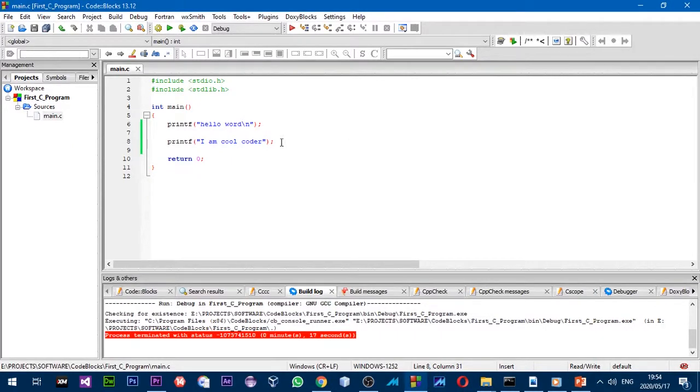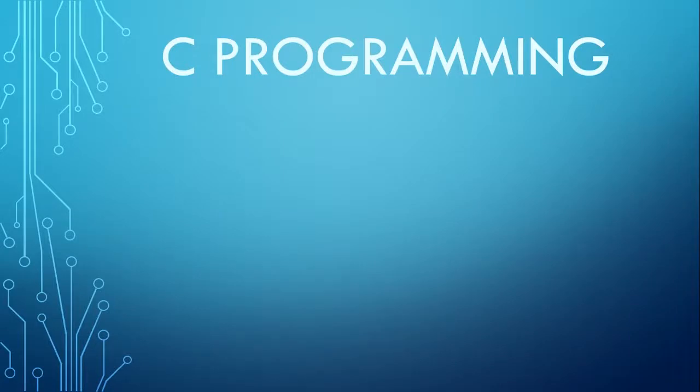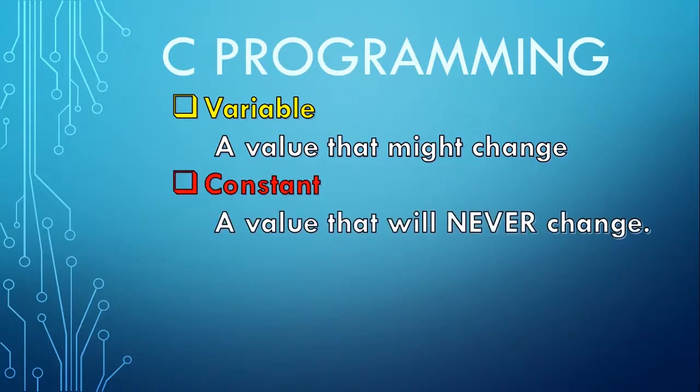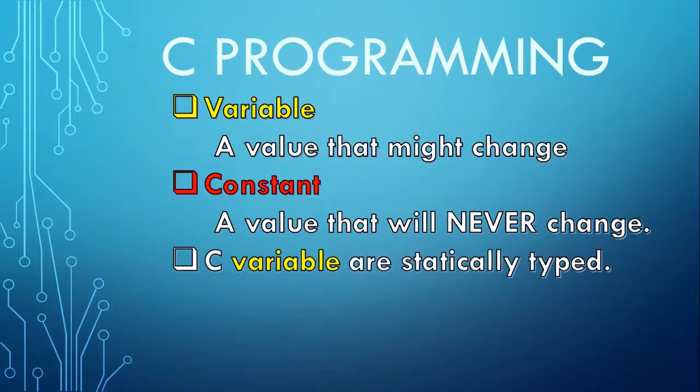Okay, now that you understand how to use this print function, the next thing we're gonna do is learn about variables and constants. Basically, a variable is a value that might change, and a constant is a value that will never change. In C programming, a variable is statically typed.